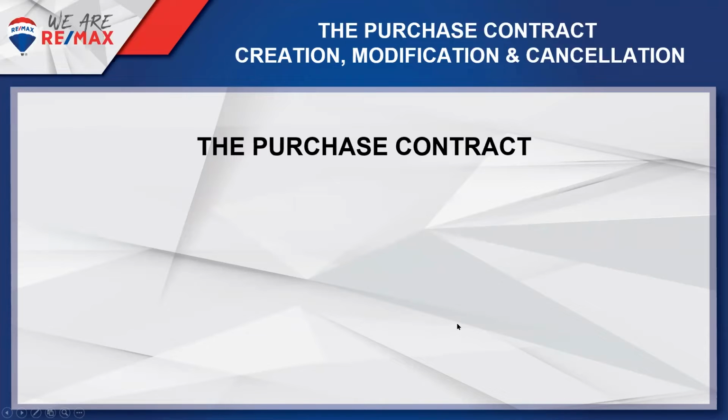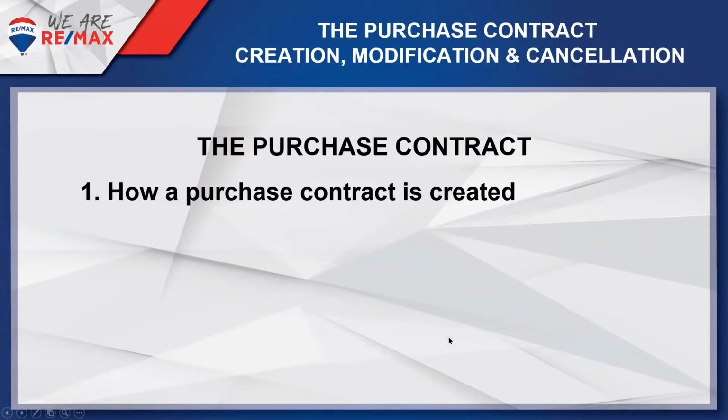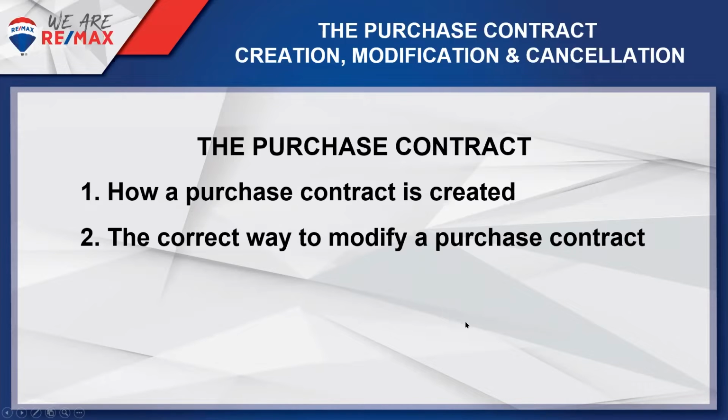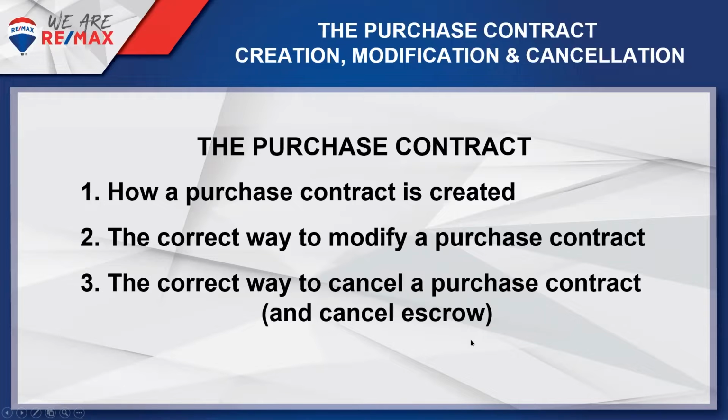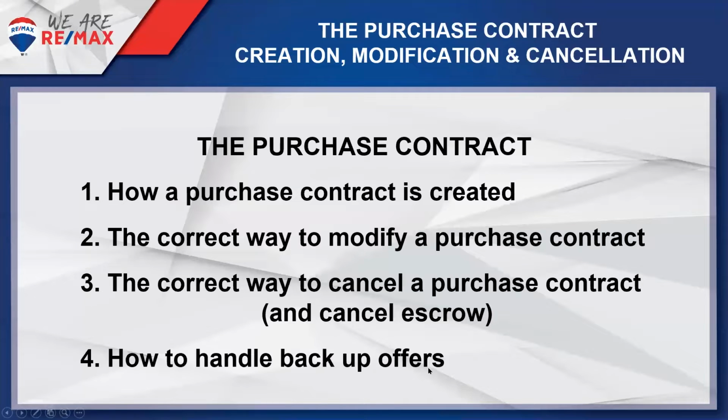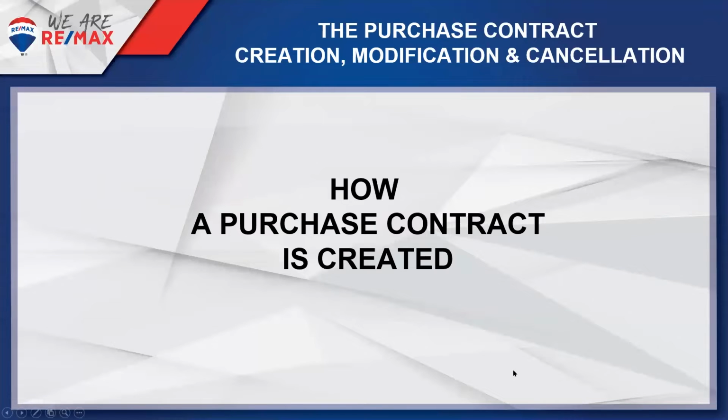So the purchase contract, how is a purchase contract created? The correct way to modify a purchase contract, the correct way to cancel a purchase contract and cancel escrow, and how to handle backup offers. How is a purchase contract created?